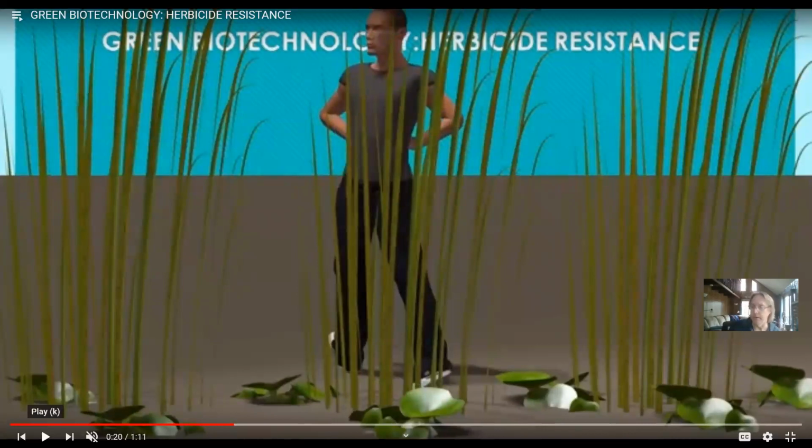Okay, so there you have a herbicide resistant plant that you didn't need biotechnology to make. You just used a lot of herbicide and you selected for herbicide resistance. So that's already part of typical agriculture. But another thing that you could do is take a gene for herbicide resistance and insert it into this plant.